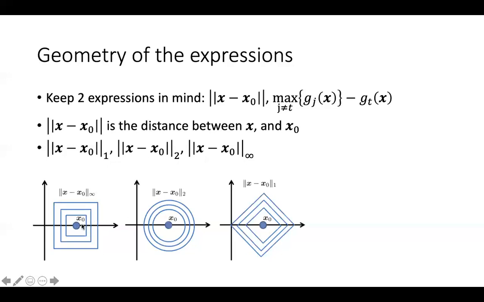Suppose x is a two-dimensional vector, and we put x0 at the center, and the blue curve is the set of points at equal distance. If two points x1 are on the same blue line, then their distances are the same. Their two norms are the same.